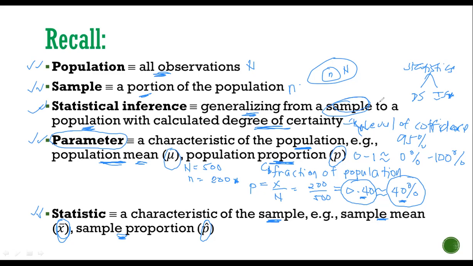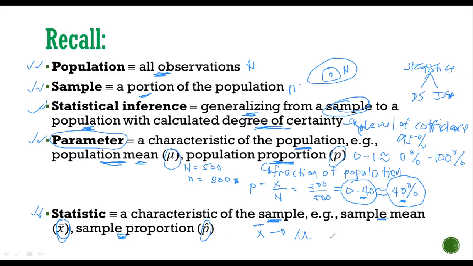Sabi natin sa statistical inference, we will utilize a sample to generalize something towards your population. Okay? So your X bar, or your sample mean later on, will be utilized to what? Generalize something out of the population mean.